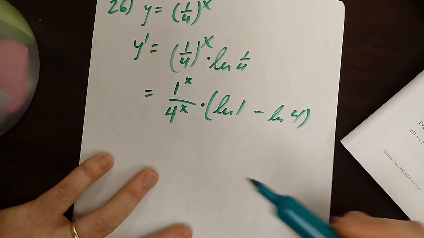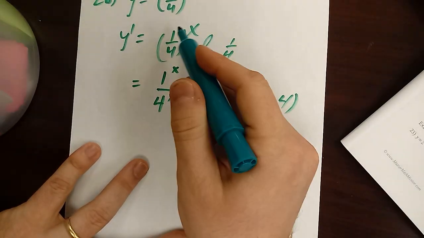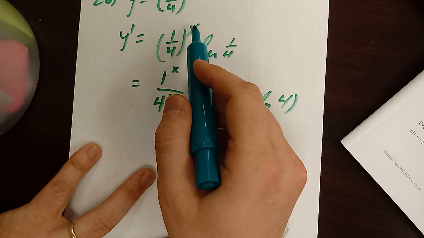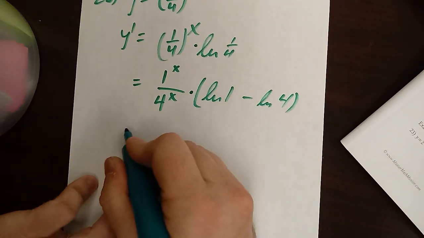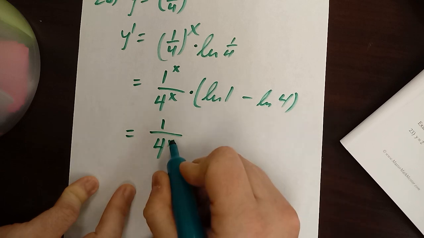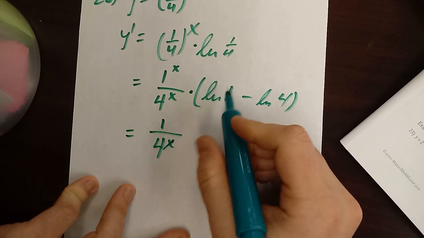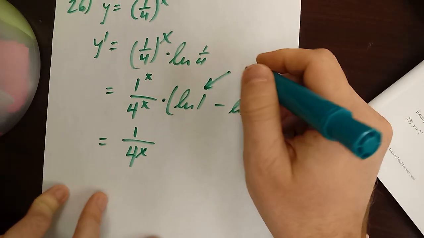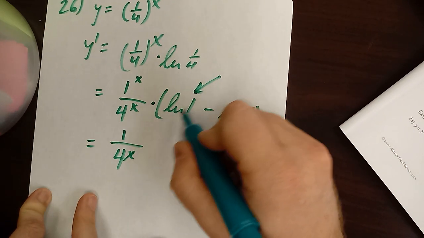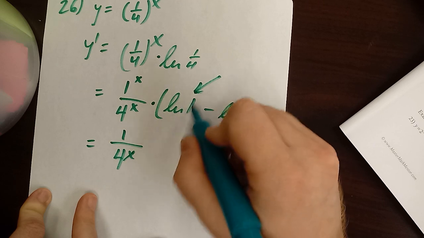That's 1 divided by 4. So I could technically do, and when there's multiplication or division inside and no pluses and minuses, we can distribute the exponent. So 1 to the x will always be 1. That's 4 to the x. Then here, natural log of 1, let's think about this. This is saying e to what power gets me 1, and whatever power that is, that's the answer to this.